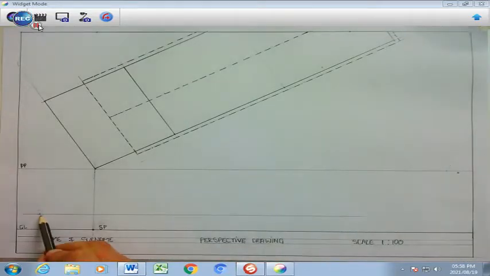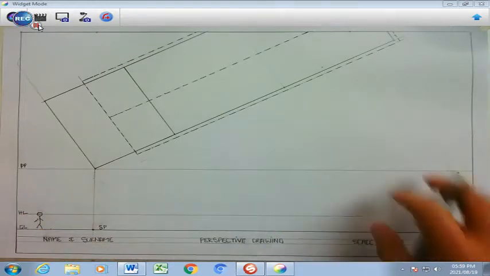The reason why I have 17 millimeters is the fact that the normal height of a person is 1.7 m viewing this particular building, and the eye level would be then 1.7, which I have now scaled down to 1:100, which is basically going to be 17 millimeters. That is the reason for the horizon line, and I'm also going to label that HL right there.